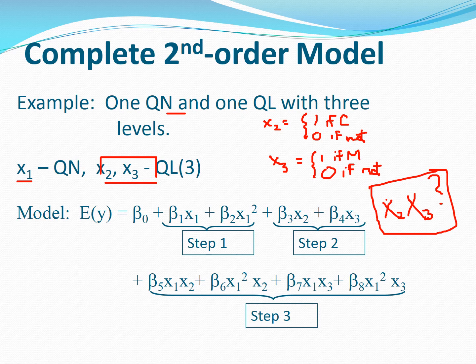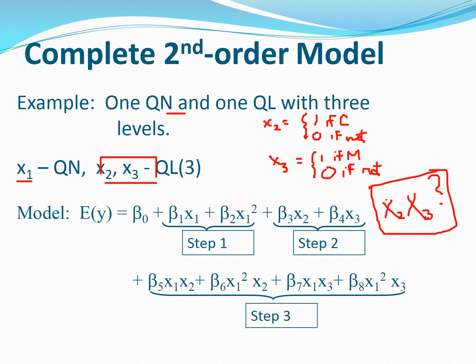And so our rule is, if the dummy variables come from the same qualitative variable, like x2 and x3 here, you cannot interact them. But if the dummies come from different qualitative variables, like if I had an x4, which I'm not really introducing, I'm just having a conversation with you. If there was an x4 that was 1 if convertible, 0 if not, I can interact dummies that come from different qualitative variables.